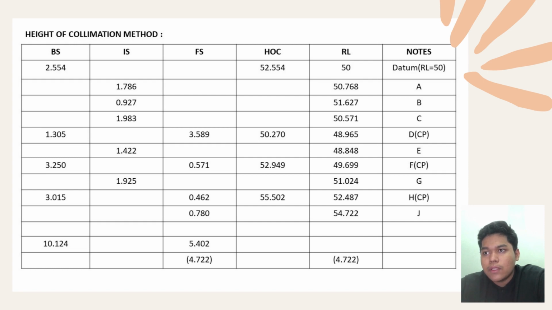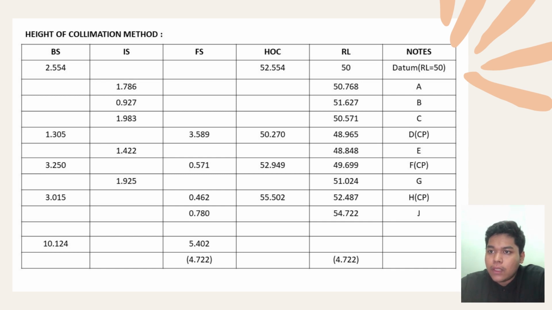To get HOC, we just take the datum plus the BS. So when there is no BS, there is no value for HOC. As we can see at points A, B and C, there is no value for HOC because there is no value for BS. For point D, the value of HOC is 50.270.